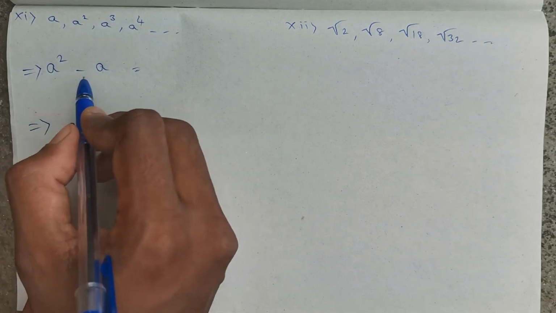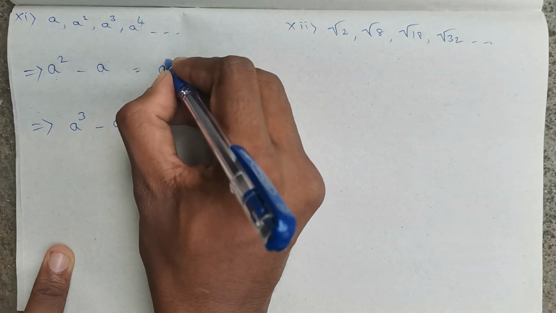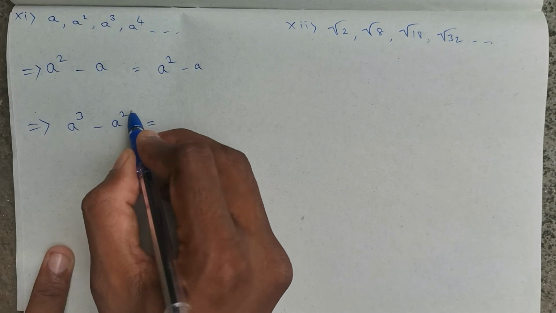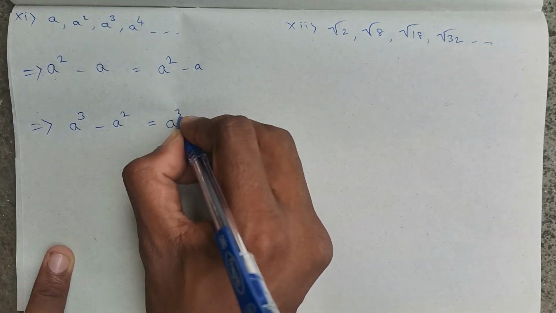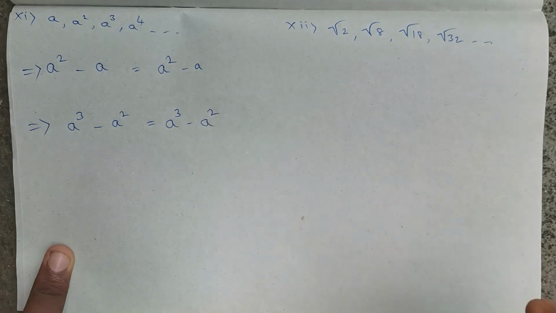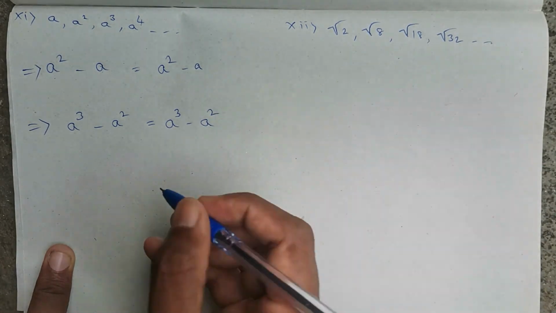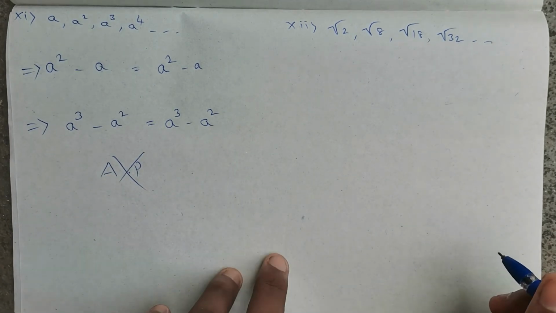If both the powers are different, we cannot do subtraction, so it will be a square minus a only. Here a cube minus a square, both the powers are different, so we cannot simplify this also, it stays a cube minus a square. If we observe, these two are completely different, so this is not AP.